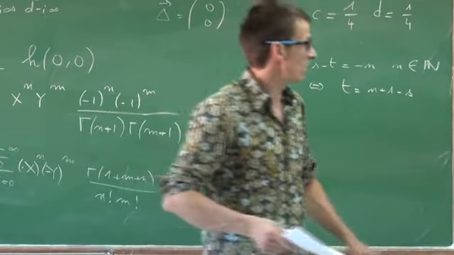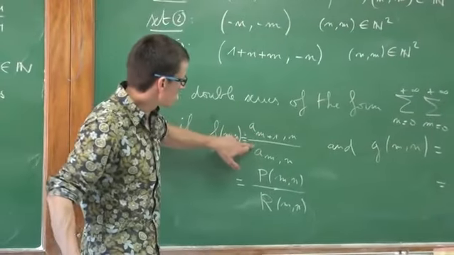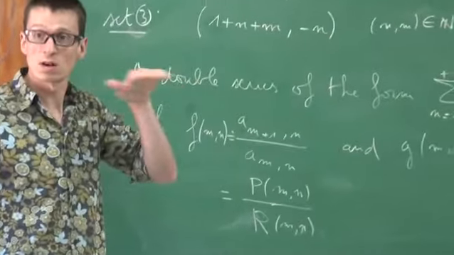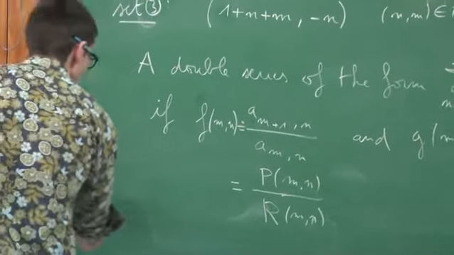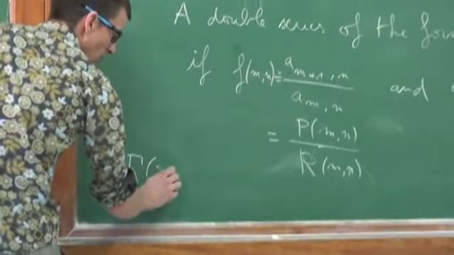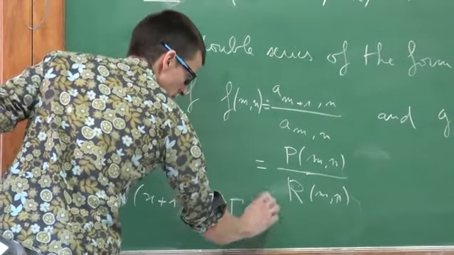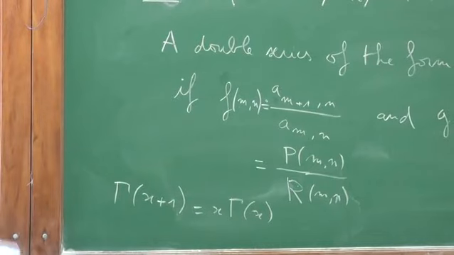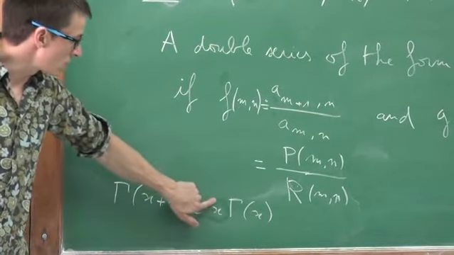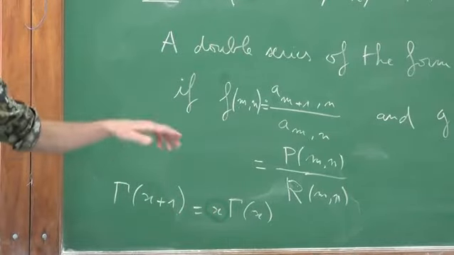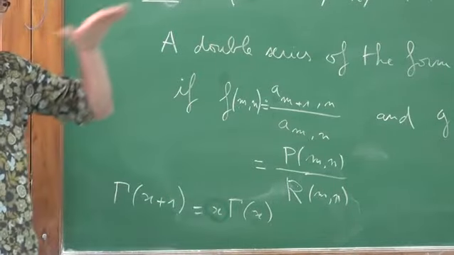Okay? Why? Because when I'm doing this, in the calculation of this divided by this, the gamma function will cancel, thanks to the property that gamma of x plus 1 equals x gamma of x. Therefore, at the end, we only have this, because we cancel between the numerator and the denominator.